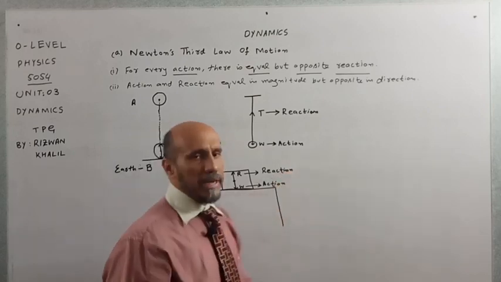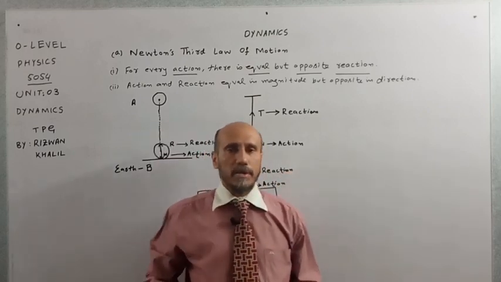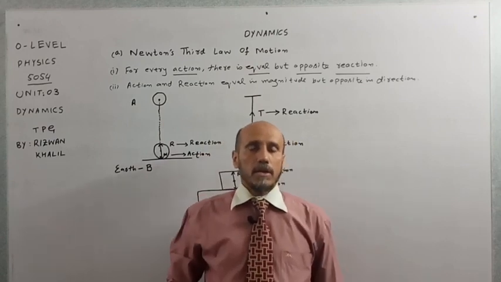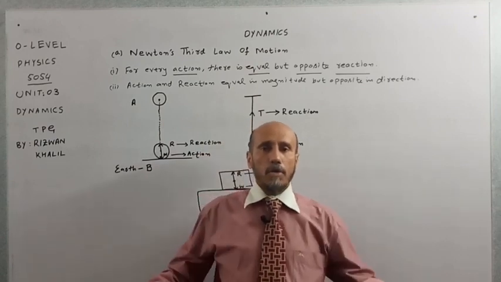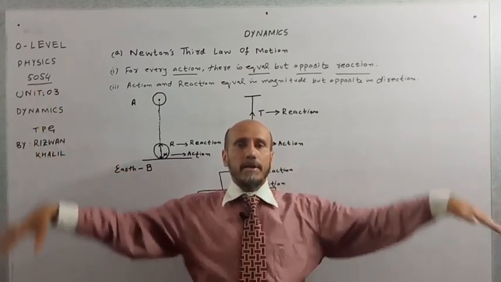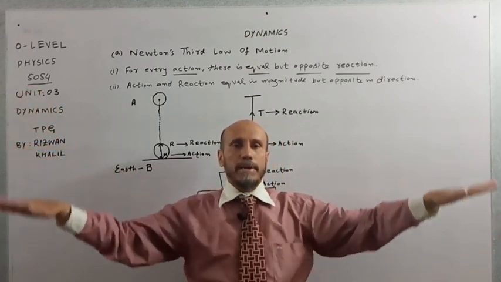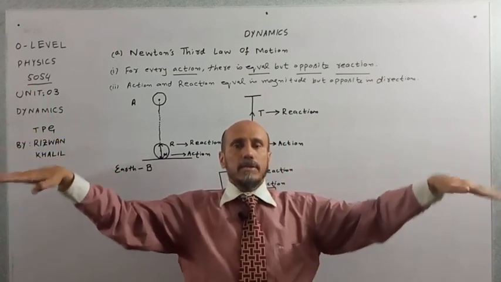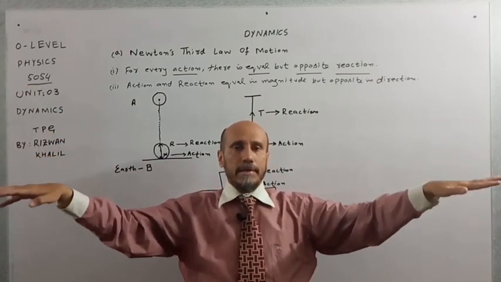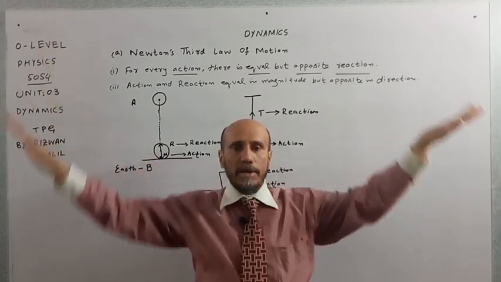Another example from daily life is that, have you ever observed that when birds are going to fly, how they are going to fly? They are moving their wings like this. So what is going to be happening? They are exerting the force on the air by their wings in downward direction.